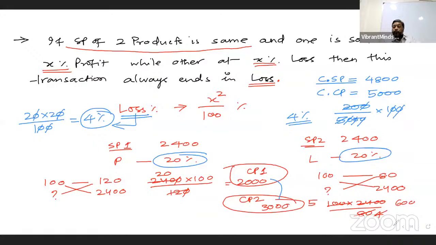Okay. Same, I am going to convert it into a question. That's the last theory. Selling price of 2 watches is rupees 2,000.